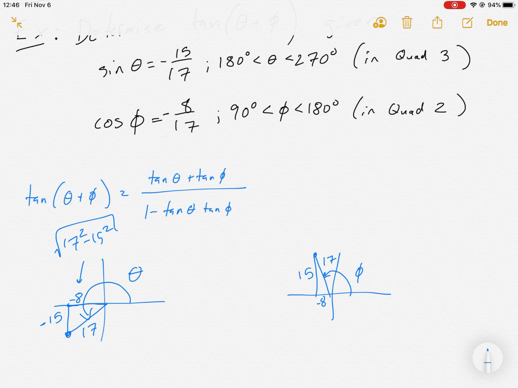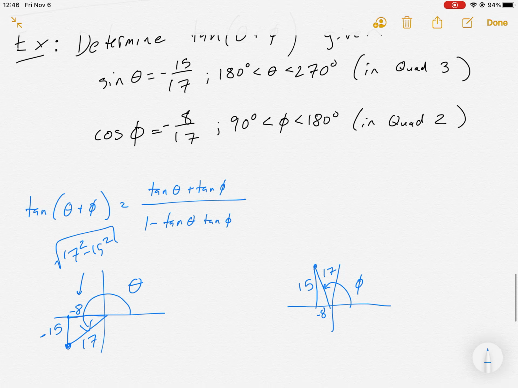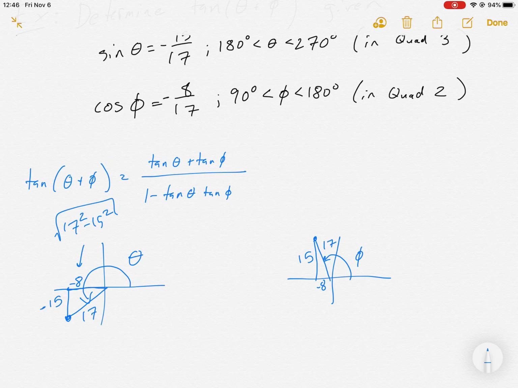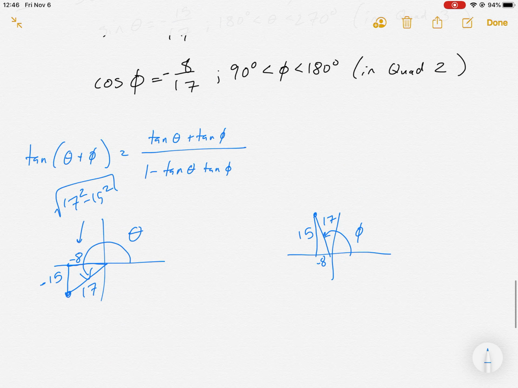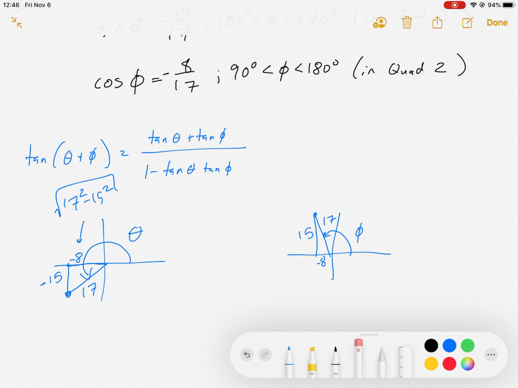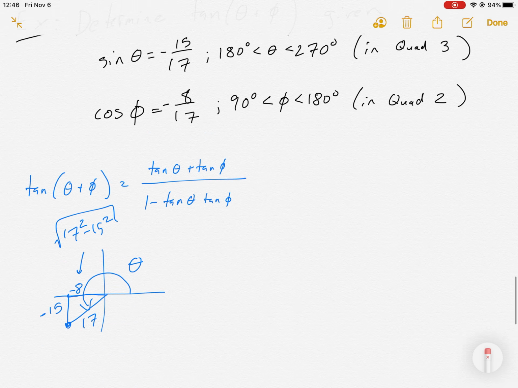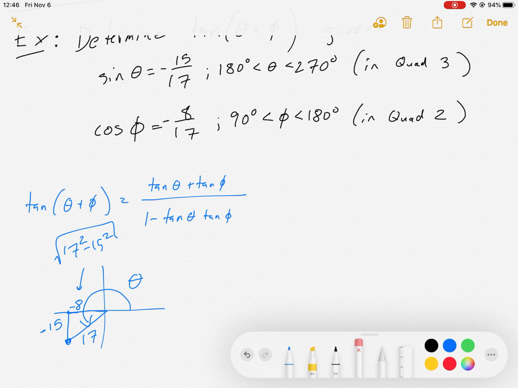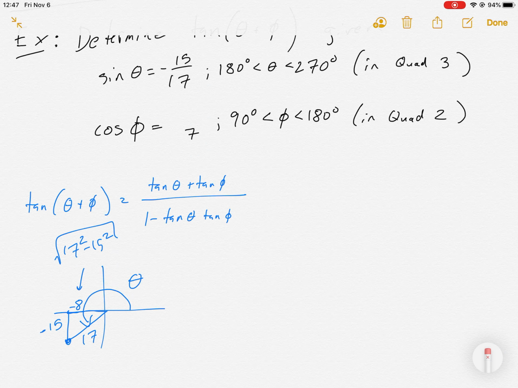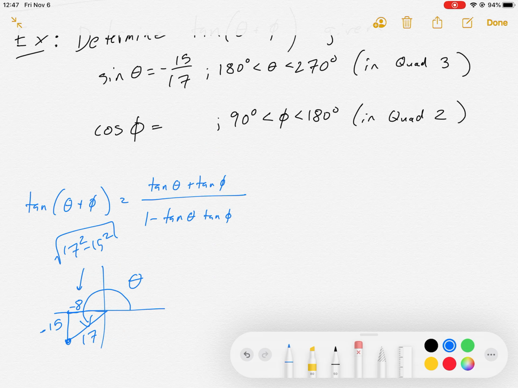So that makes this easier. That has to be 15. Okay. So now that I'm writing this problem out, I think I messed up on phi now that I'm looking at my notes here. Let me go back and change that real quick. Sorry for the typo. Luckily, we haven't done too much work.